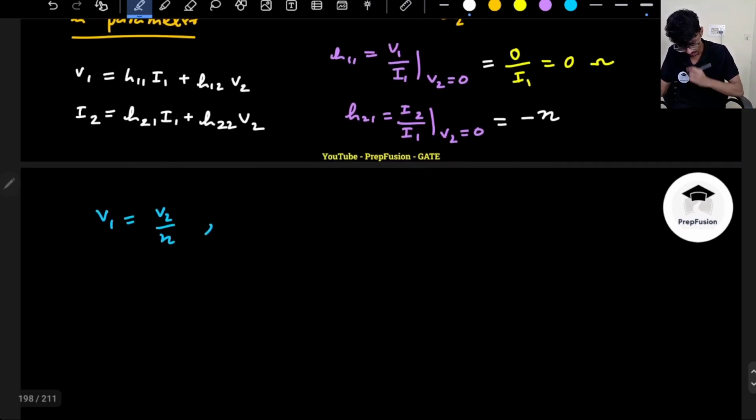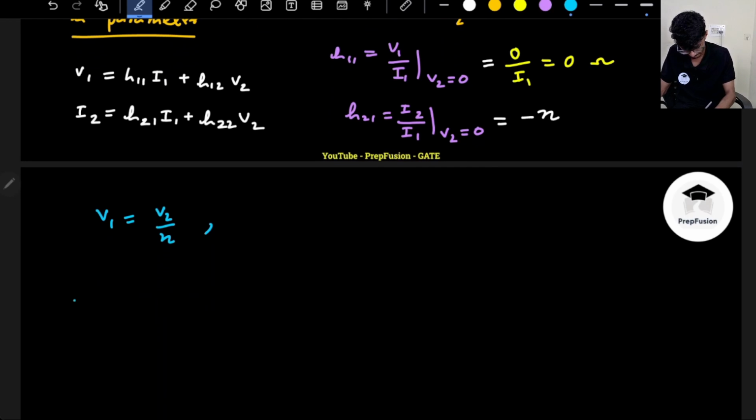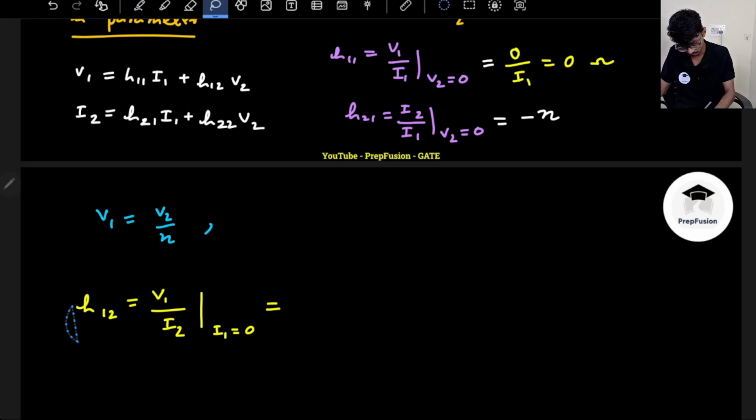Now let's calculate the other two parameters. H12 equals V1 divided by V2 when I1 equals 0.